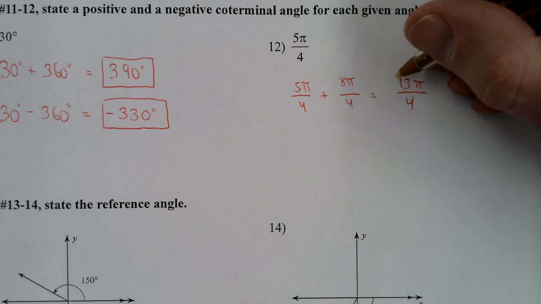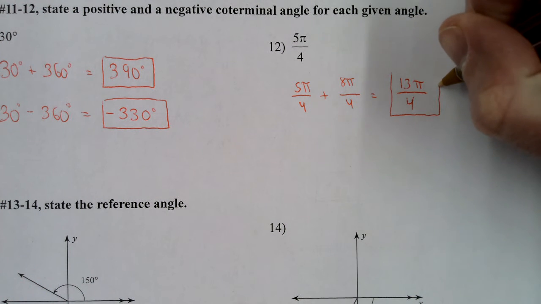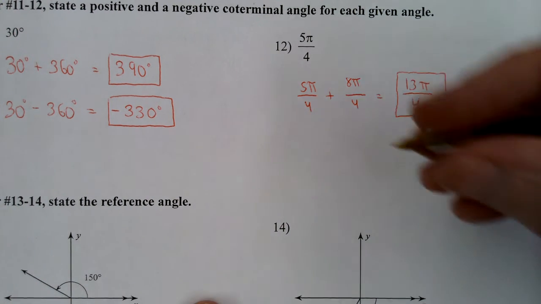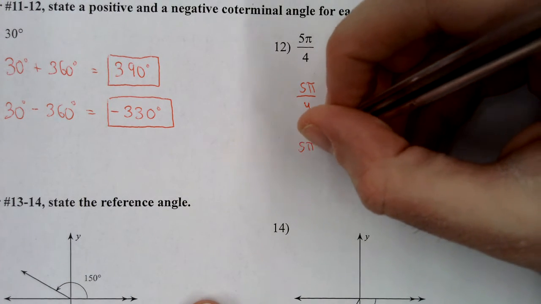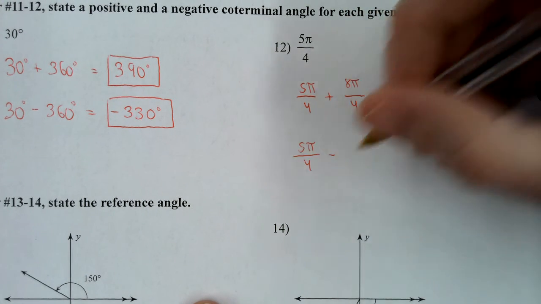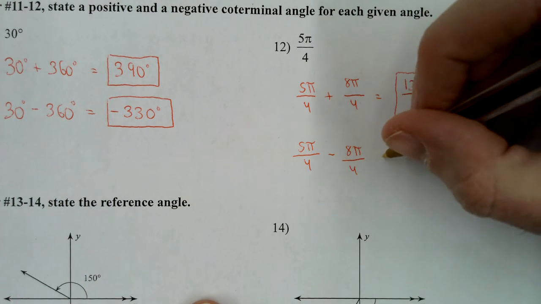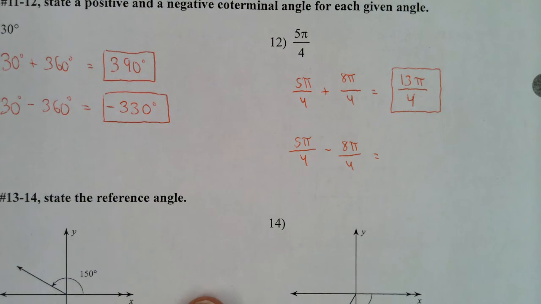That's in radians. And I can also subtract multiples of 2 pi. Again, I'm going to write 2 pi as 8 pi over 4. So when I subtract them, I get negative 3 pi over 4.